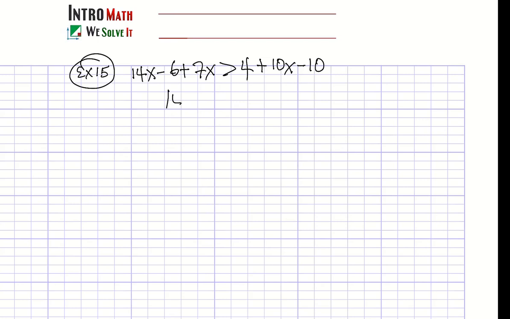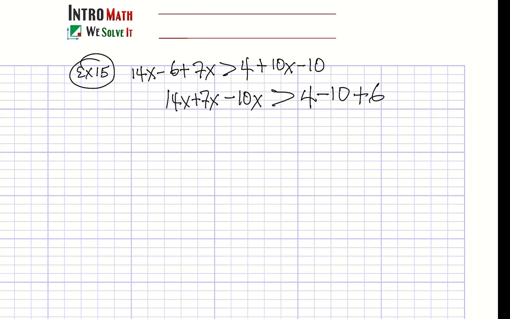We say 14x plus 7x minus 10x. You bring it over. You change the sign. All right, greater than, we got 4 minus 10. We'll bring 6 over. Change this sign to plus 6. You see that, right? We haven't multiplied or divided by a negative, so everything is preserved.